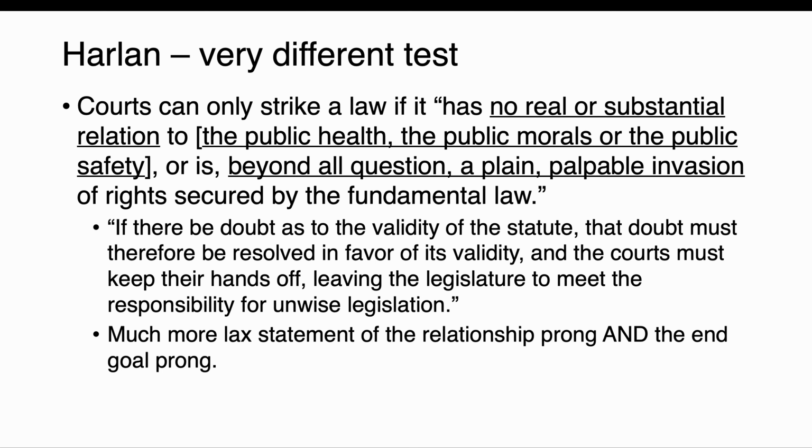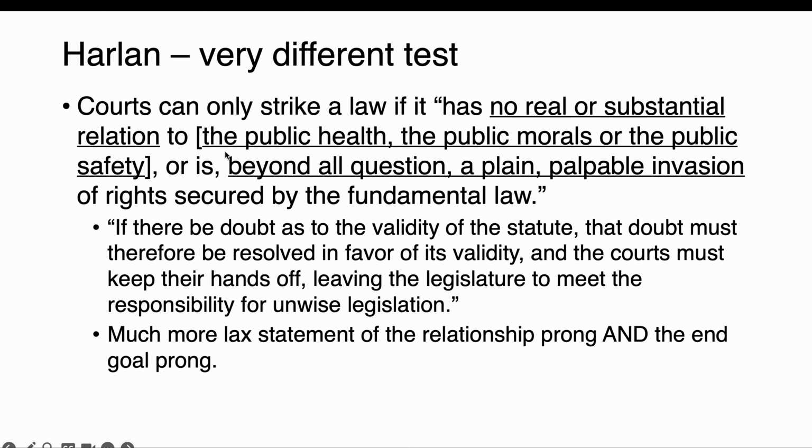He said, if there is no real or substantial relationship between how the law operates and any police power's goal, that's the only time in which the courts can strike things down, because it's more important to protect society than to allow people to enjoy rights with no limitations.